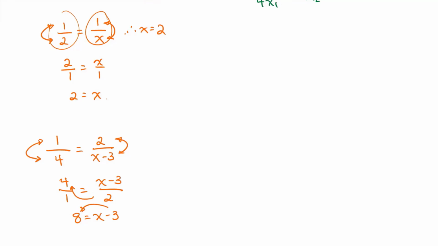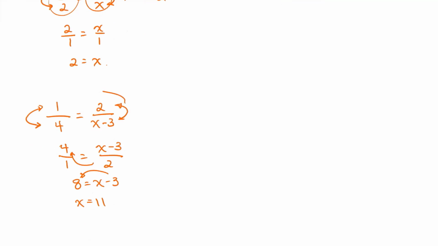Adding 3 to both sides, x would be equal to 11. Now let's test that by putting that back in to what we had over here. 2 over 11 minus 3 would be equal to 2 over 8, which would get reduced to 1 over 4. Yes, it would satisfy that equation.